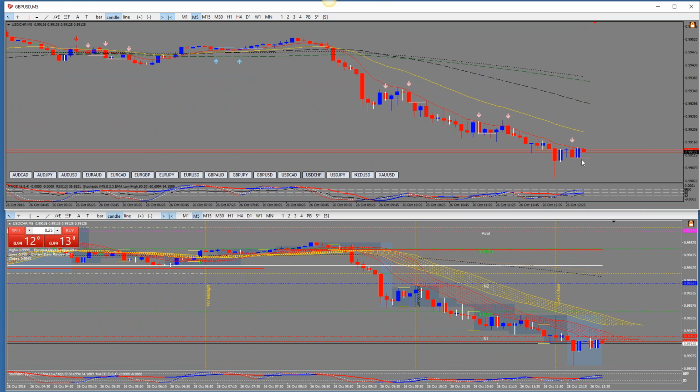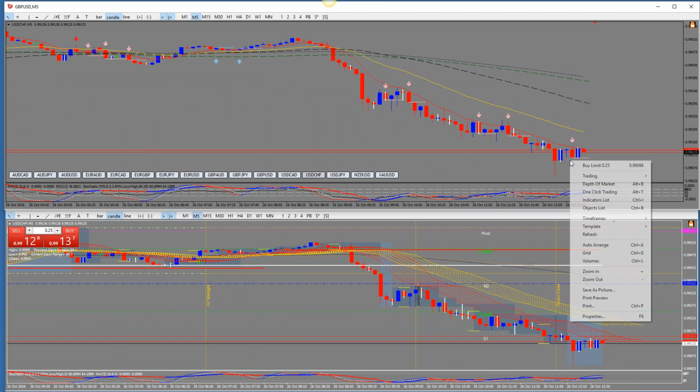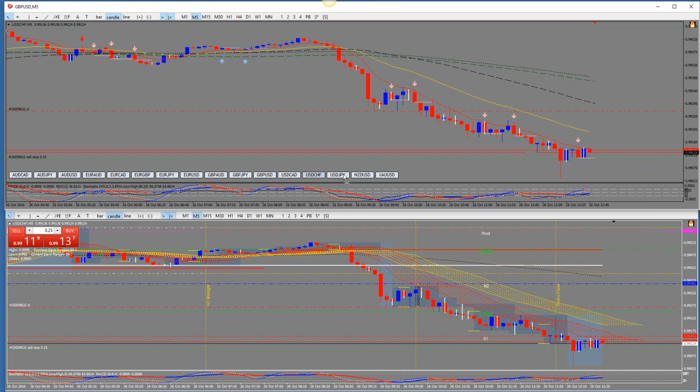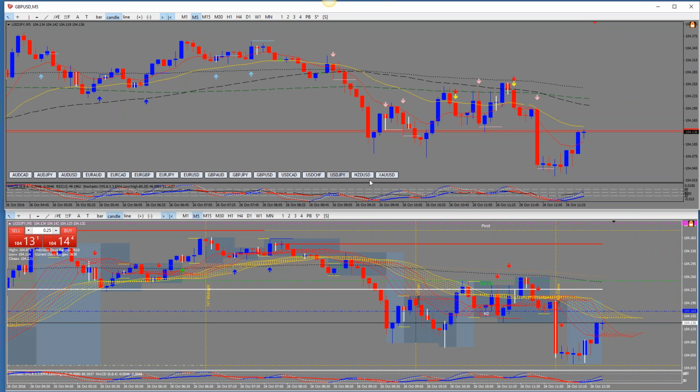Needs to break this inside bar and the signal bar here, but I'll throw a pending order right there. Let's see what happens.